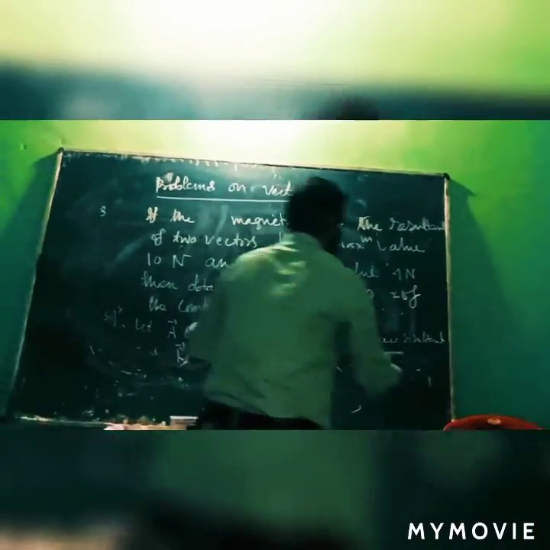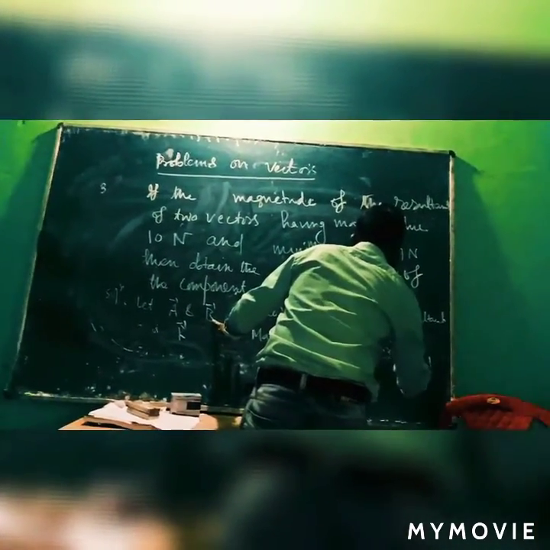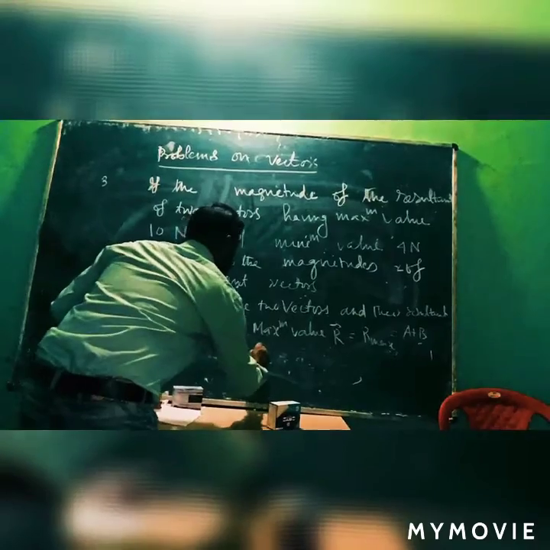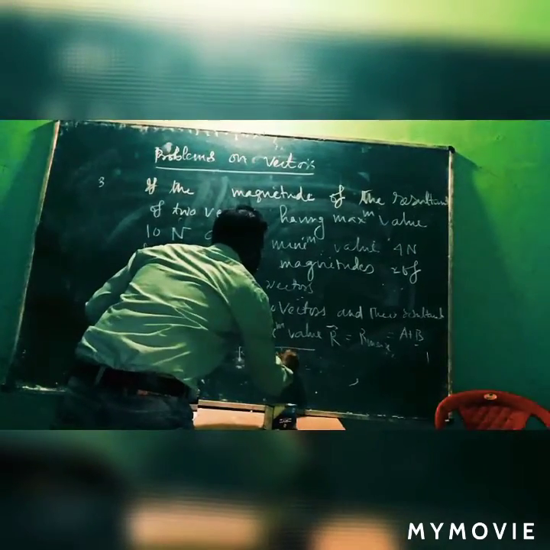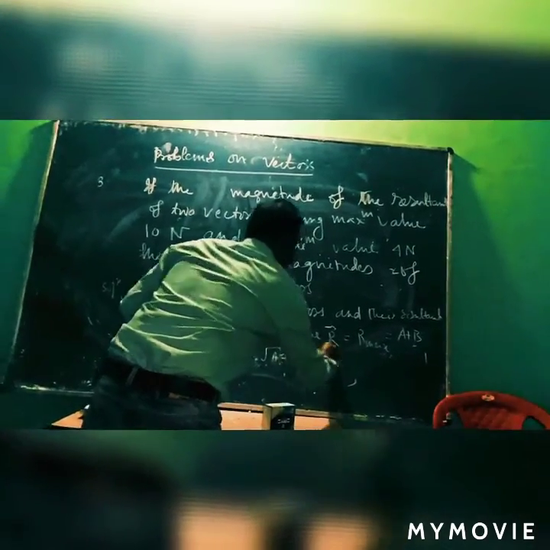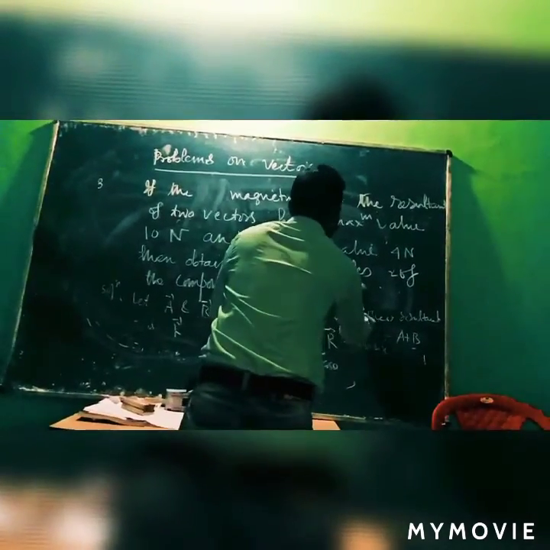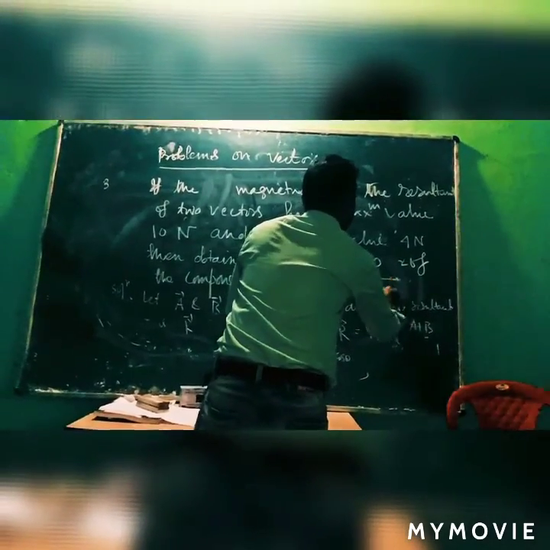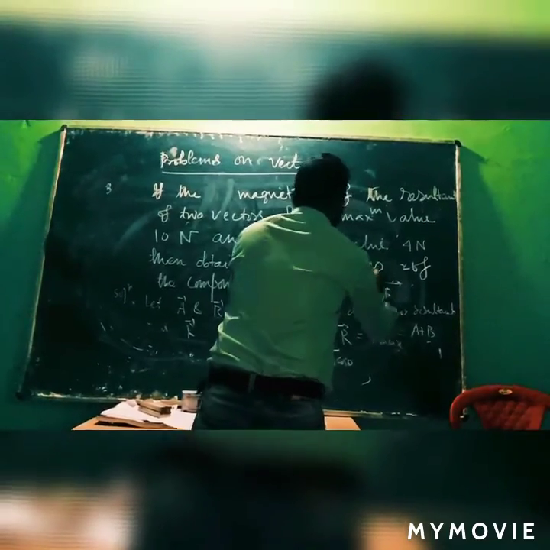So maximum value of R means R max, when both the vectors act in the same direction. You can write directly R equal to A plus B, because R equal to root over A square plus B square plus twice AB cos theta. When both act in the same direction, the angle between these two is 0.